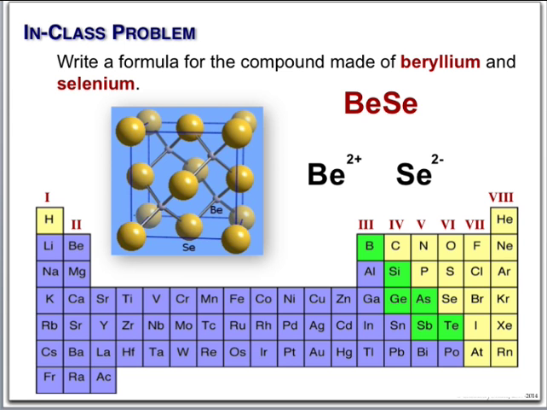And so we do group 5 by adding 1, 2, 3 electrons. Group 6 by adding 1, 2 electrons. And group 7 by adding 1 electron. So this is -3, -2, -1. However many electrons it takes to get over to the inert gases.